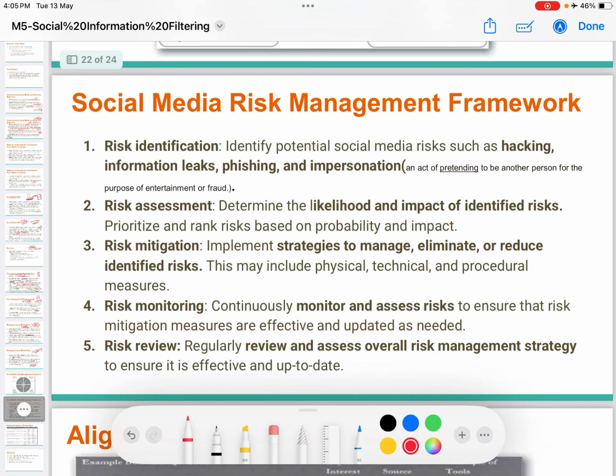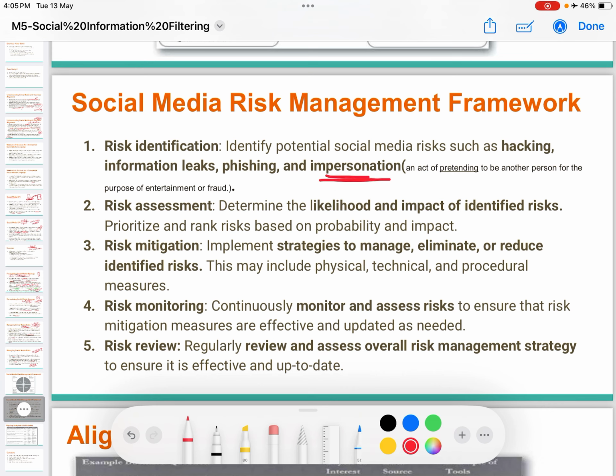So, social risk identification. Identify potential social media risks such as hacking, information leaks, phishing, and impersonation, an act of pretending to be another person for the purpose of entertainment or fraud.